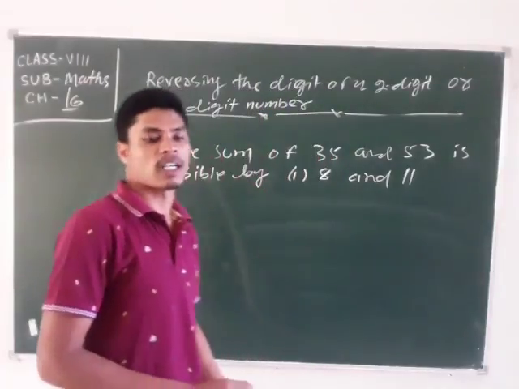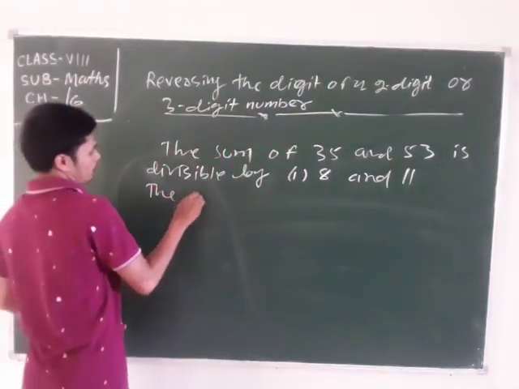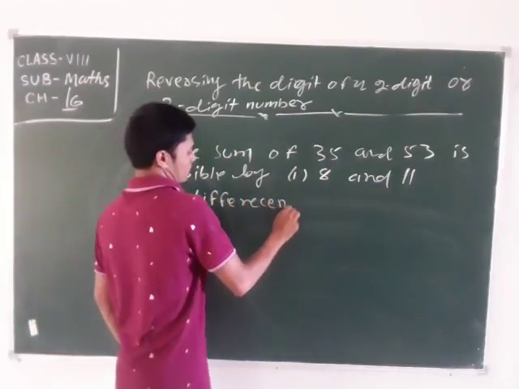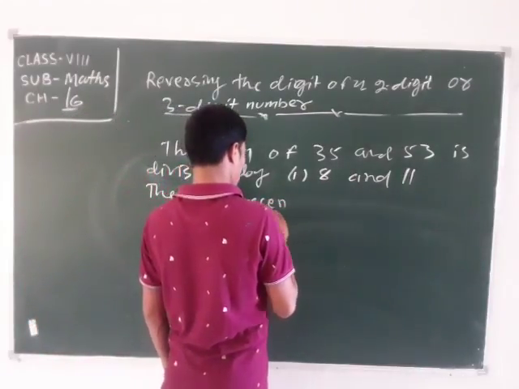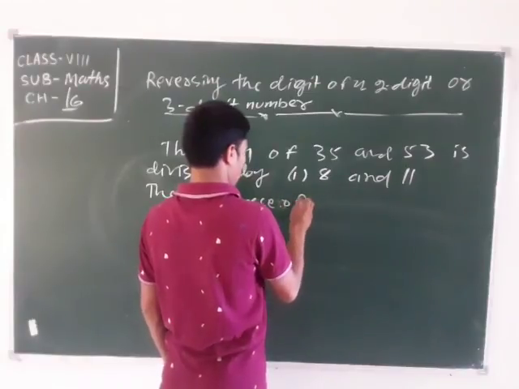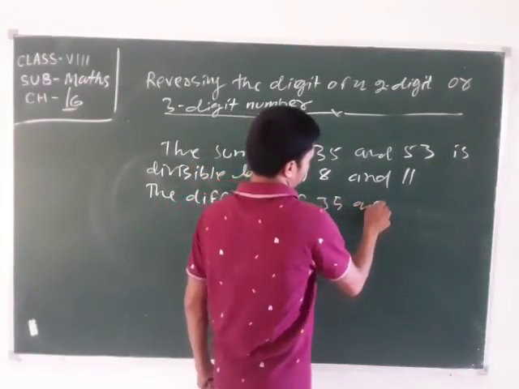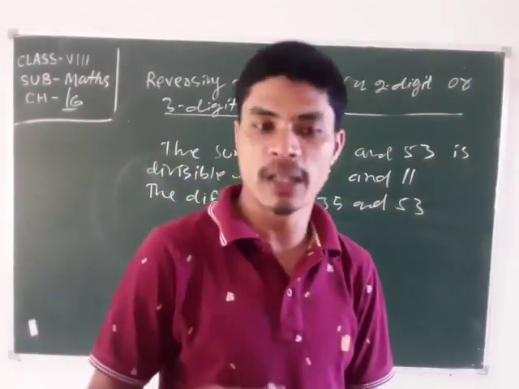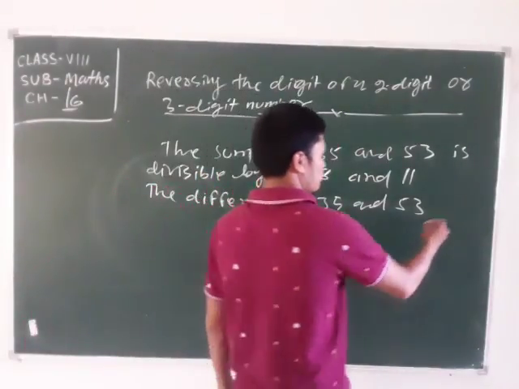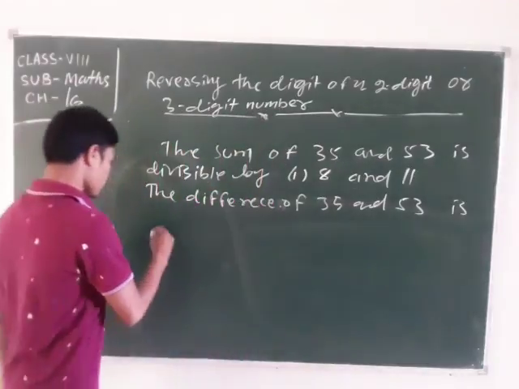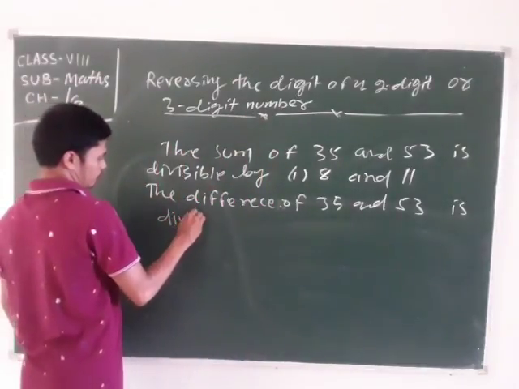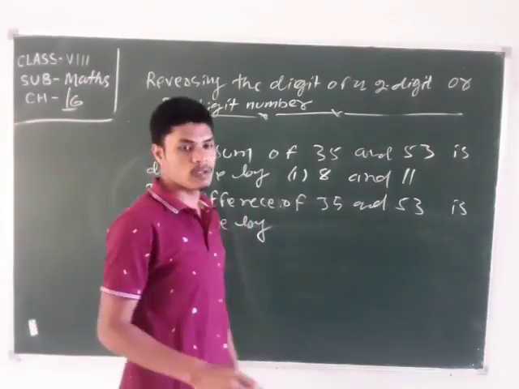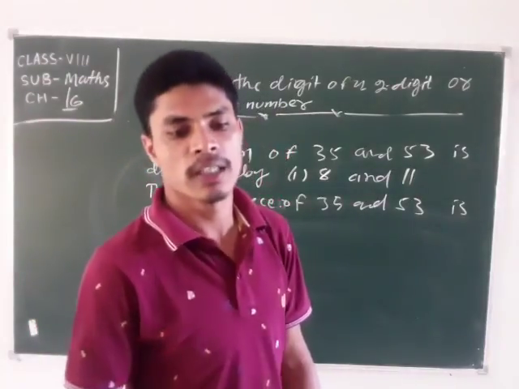Then the difference of 35 and 53, that means the difference of 35 and 53 is divisible by... divisible by what?